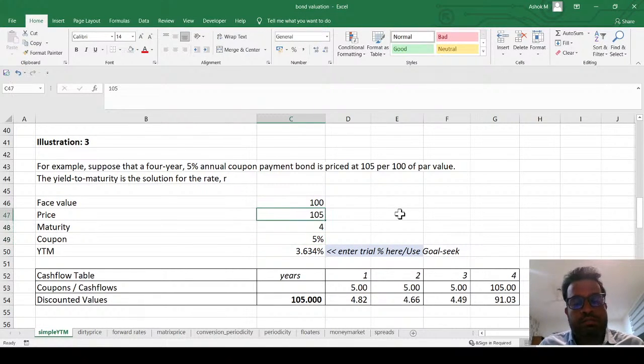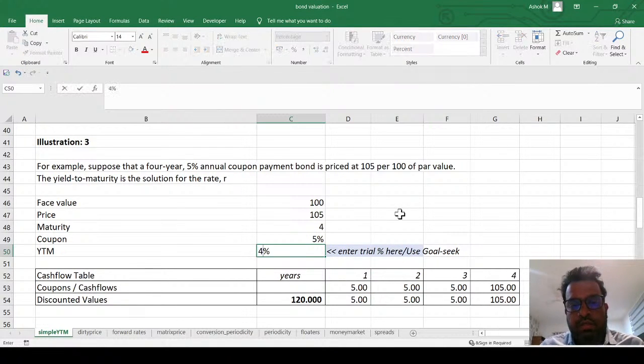Now you need to find out what is the YTM. So you can use the goal seek function. Again, goal seek is there in most of the softwares. It works pretty well. So what you can do is you can start with let's say 4%.